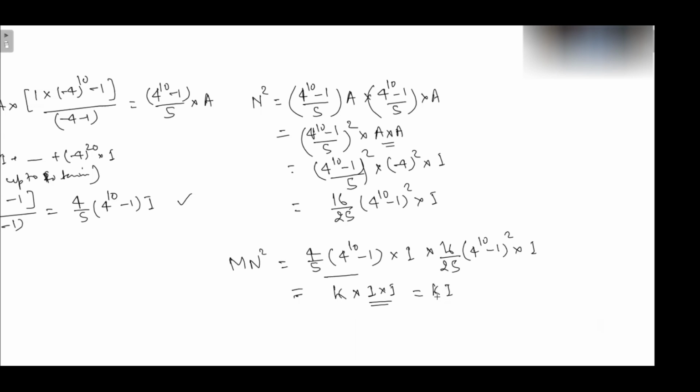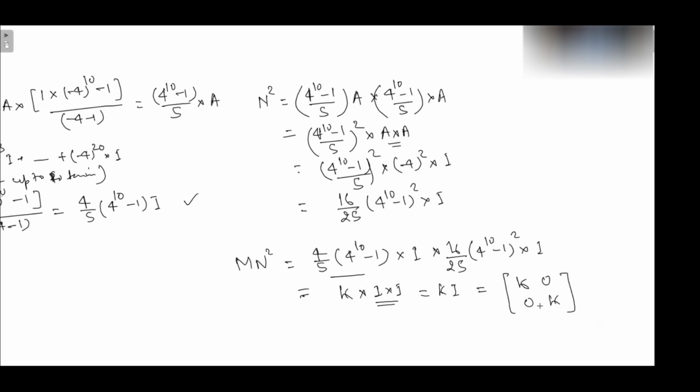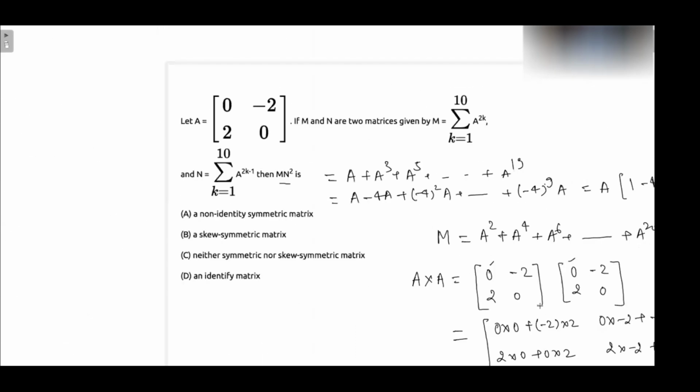But when we multiply with K, it does not remain an identity matrix. What it becomes is K 0, 0 K, which is a symmetric matrix but not an identity matrix. So it's a non-identity symmetric matrix, and this is what will be your answer.